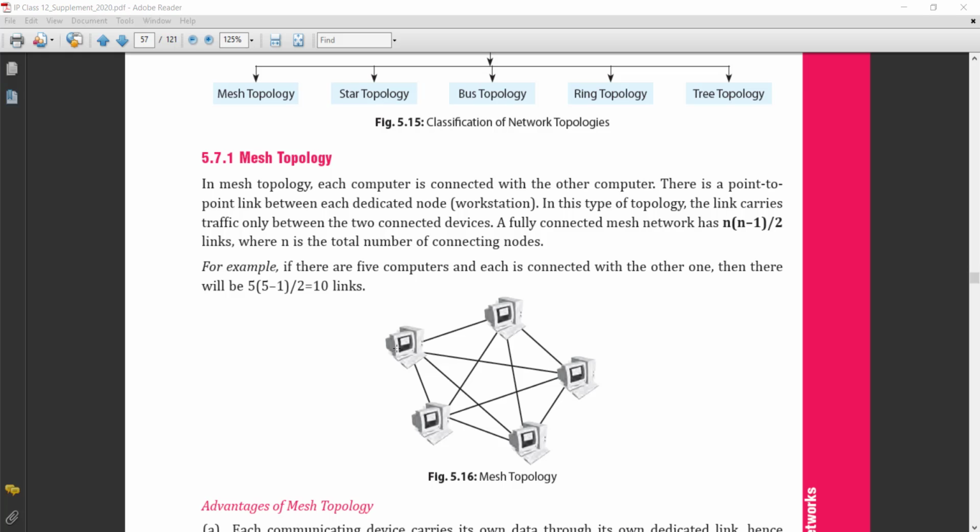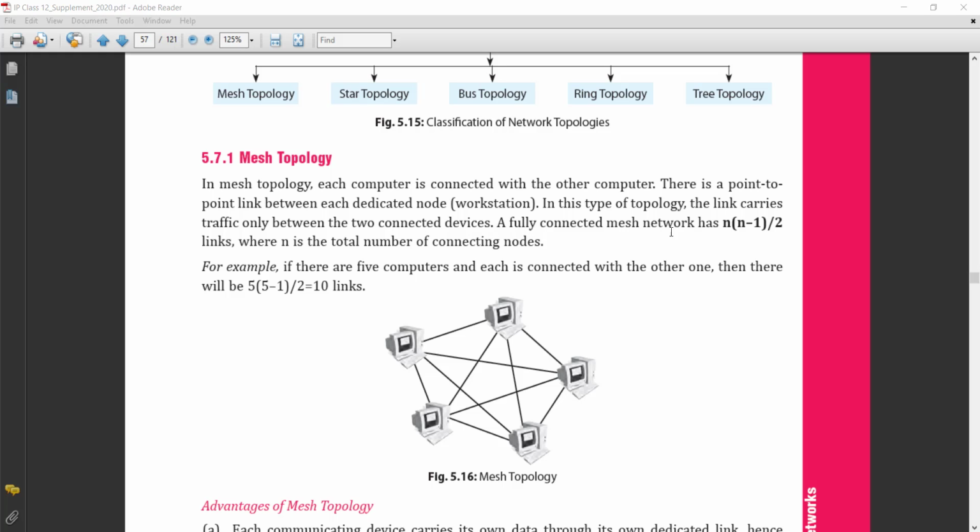So if this computer wants to transmit data, it can transmit directly to the other computers. If this is A and this is C, and A wants to transmit data to C, it transmits directly to that computer. That's why in this topology the link carries traffic only between the two connected devices.